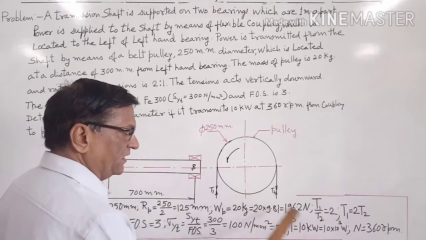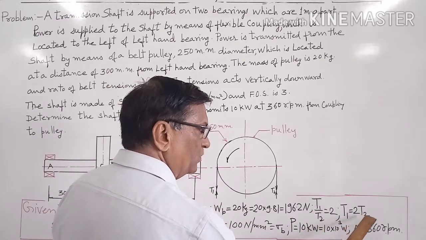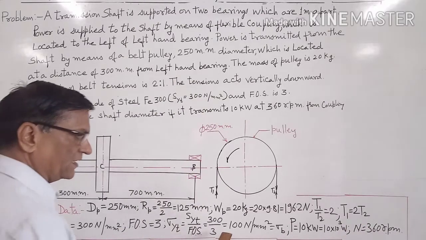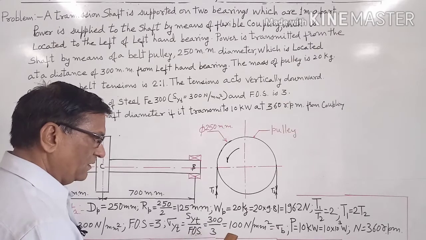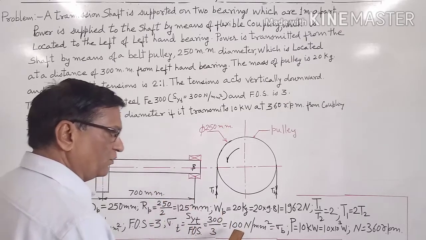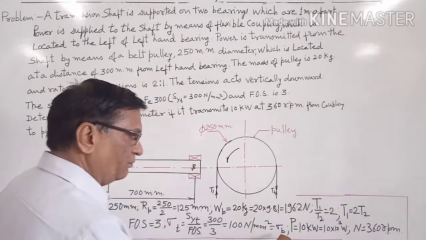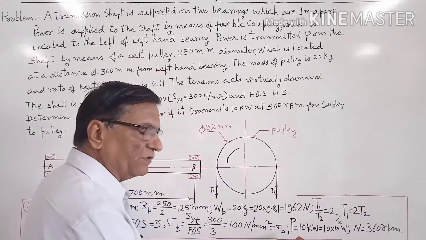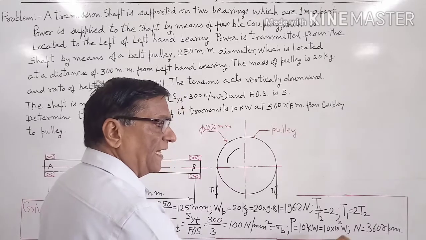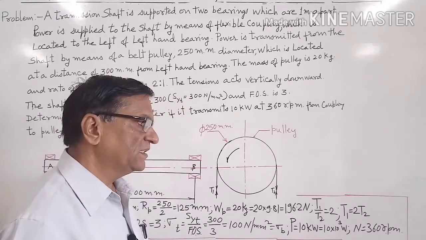Belt tensions T1 upon T2 is equal to 2, that is T1 is equal to 2T2, and factor of safety is 3. So permissible stresses come out to be 100 Newton per mm square for tensile stress, that is equal to bending stress. Power is equal to 10 kilowatt, that is 10 multiplied by 10 raised to 3 watt, and N is equal to 360 rpm.